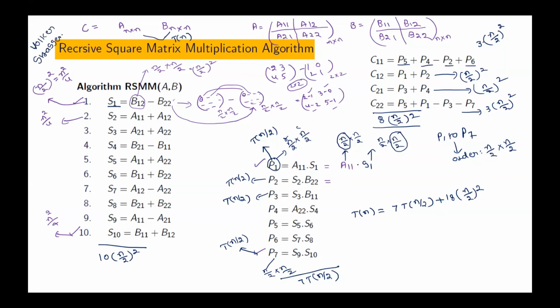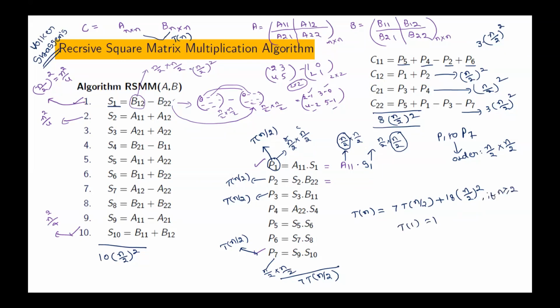This is also recursive matrix multiplication only, but here the number of multiplications required on subproblems of size n by 2 is reduced from 8 to 7. That method was given by Volker Strassen, and it is popularly known as Strassen's matrix multiplication method. So this is the recurrence, and T of 1 is 1.